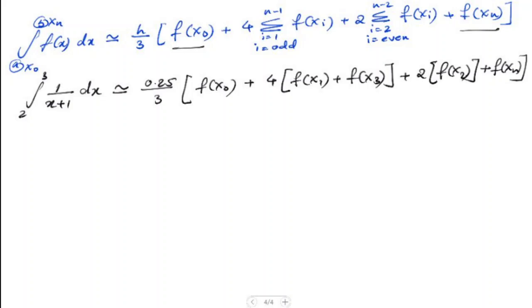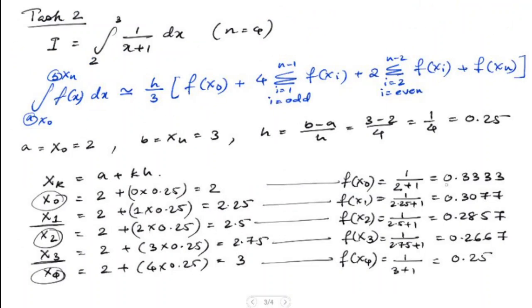So we are done with creating our equation, and now this is equal to 0.25 divided by 3, and we already know the values for f of x0 and all, so we will replace them with these values.